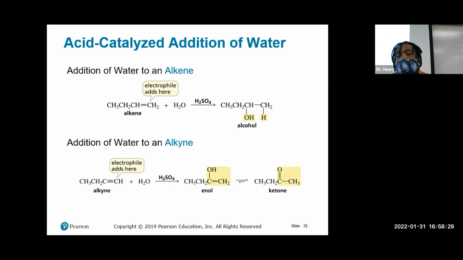So basically we're going to be adding water, right? When we were working with the double bonds, we added water with sulfuric acid, then we end up with an alcohol, and it's a secondary alcohol, not a primary alcohol, right? Remember?